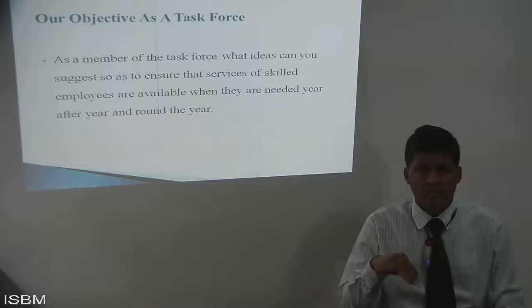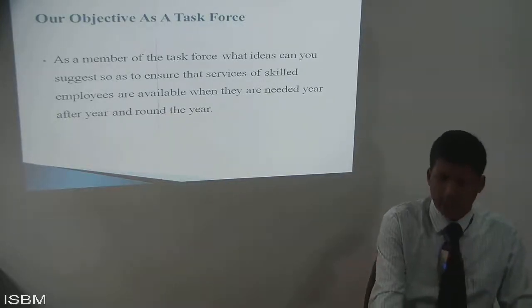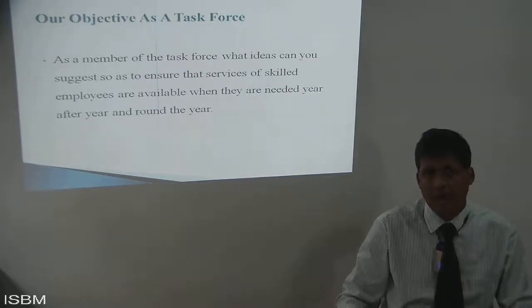Now, as a member of the task force, what ideas can you suggest to ensure that the services of the skilled employees are available when they are needed, year after year and round the year?